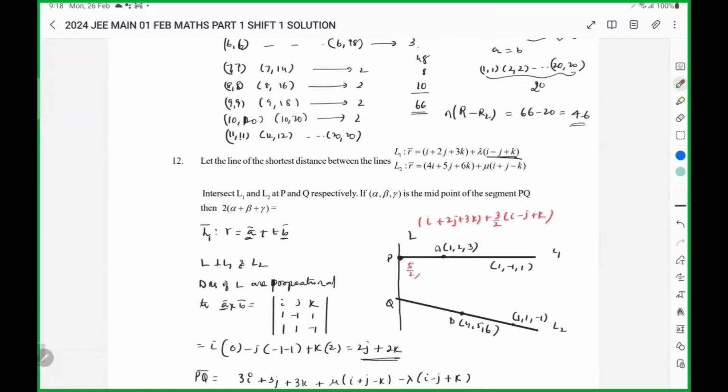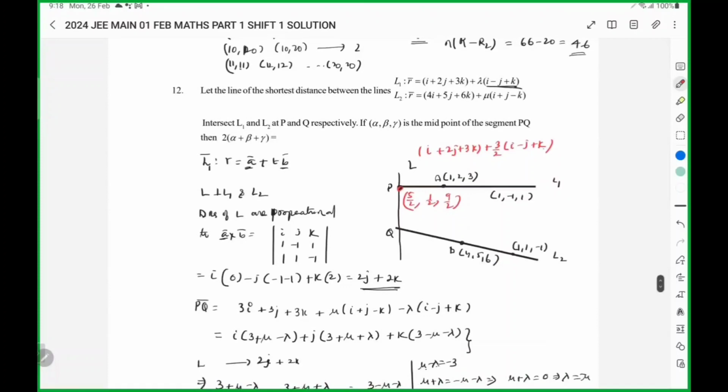So 5 by 2 i, 4 minus 3 by 2 is half, 9 by 2. So these are the coordinates of point P.